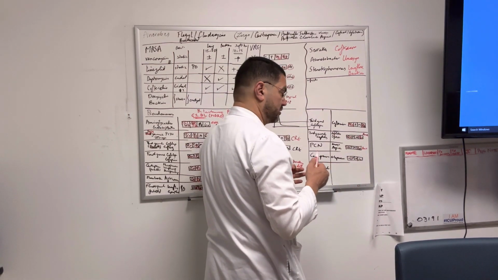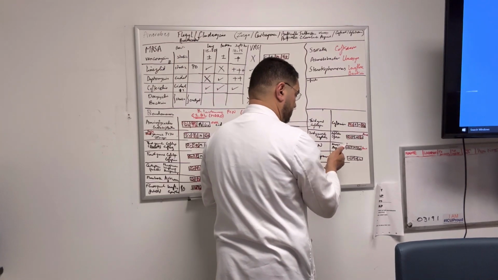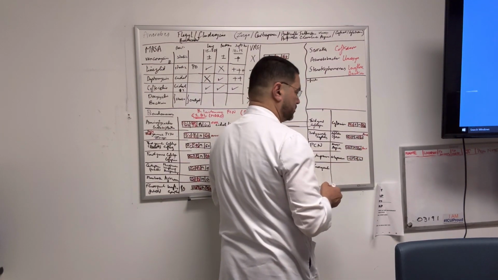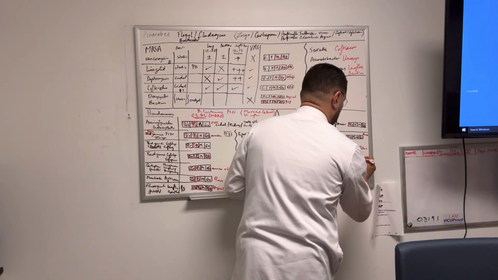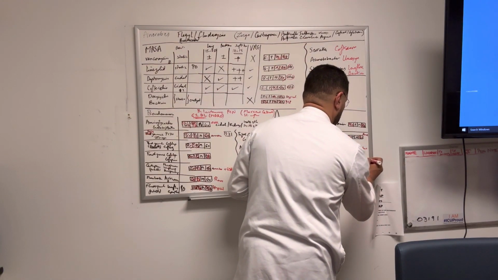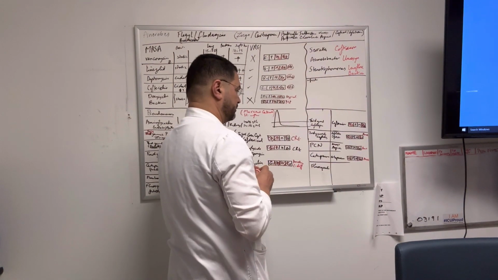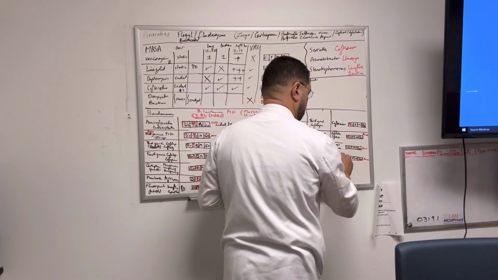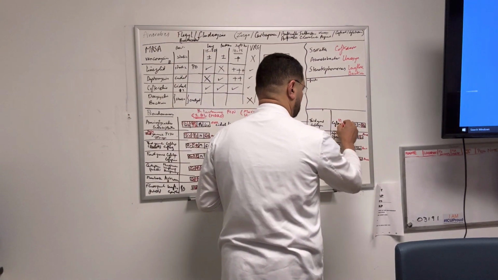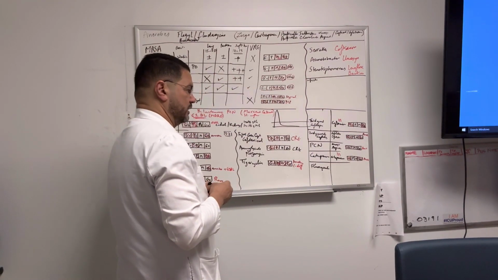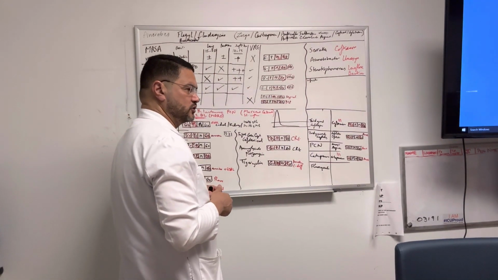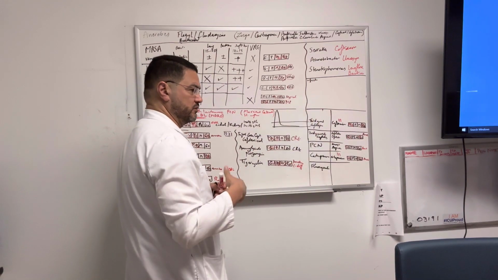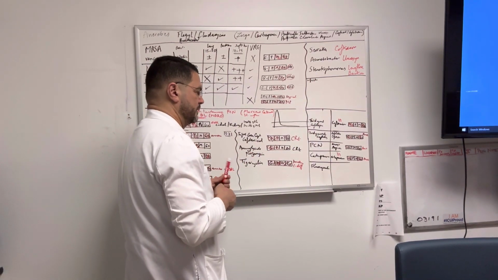So the two organisms that are missed are Enterococcus, which is one of the gram positives, and Pseudomonas. So it covers the rest and anaerobes. So it's a workhorse also. People like it because it's once daily and it can be given IM. You can use it for patients with UTIs and stuff like that, coming from nursing homes, Klebsiella or whatever, but not Pseudomonas. You can't use it for Pseudomonas.